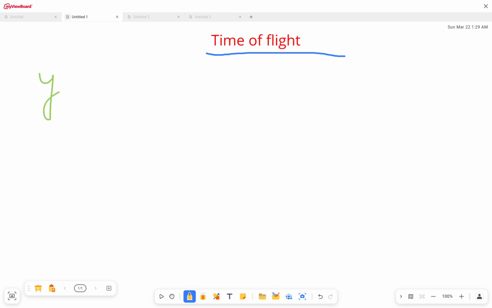we can write y equal to uy t minus half of g t square.